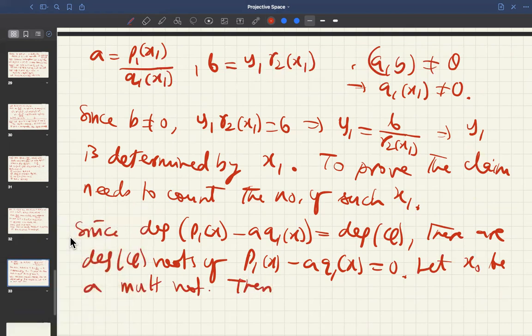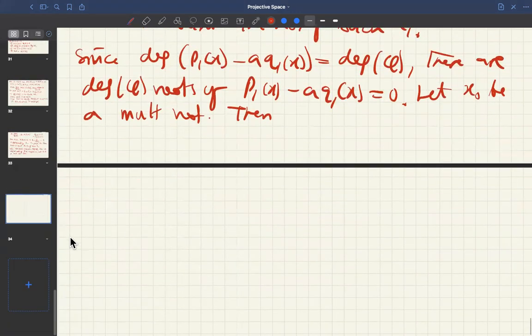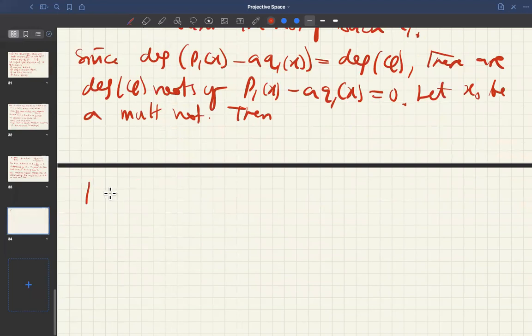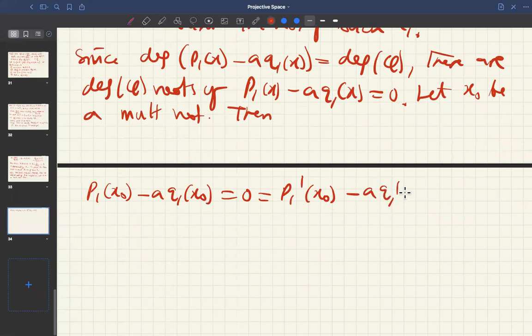What happens then? P1(x naught) minus A Q1(x naught) is 0, which is the same as P1 dash(x naught) minus A Q1 dash(x naught) being 0.